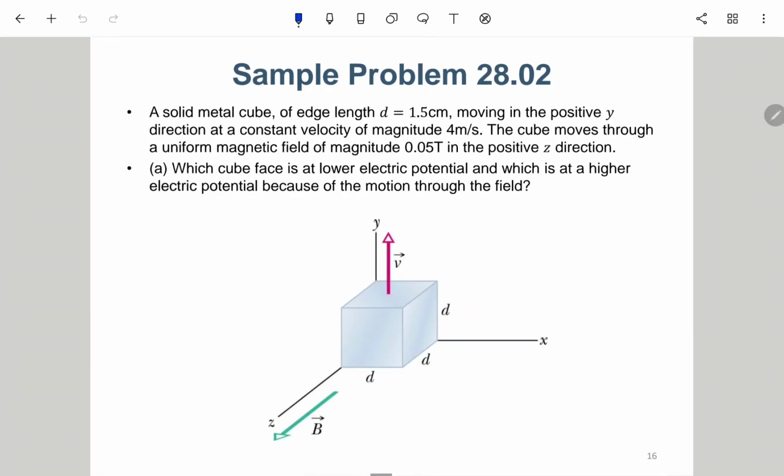Okay. So here we have a sample problem. It says a solid metal cube of edge length d is moving in the positive y direction at a constant velocity of magnitude 4 meters per second.